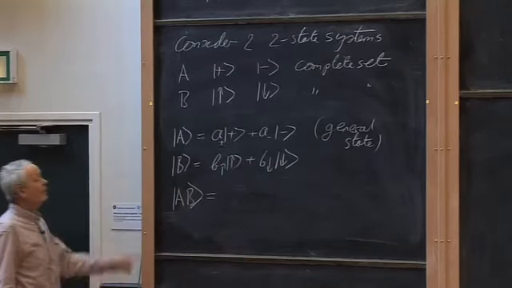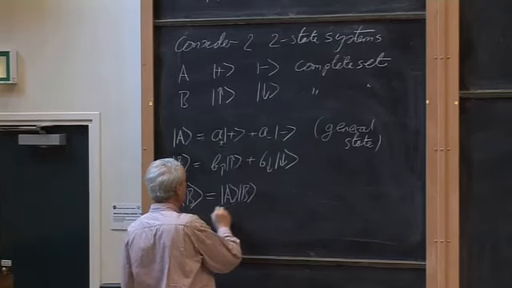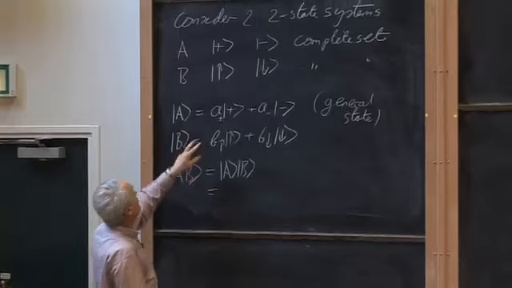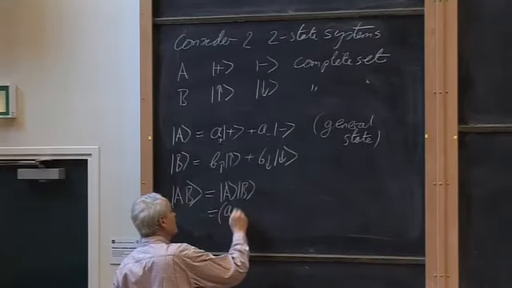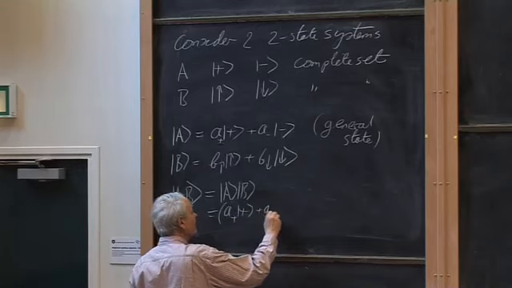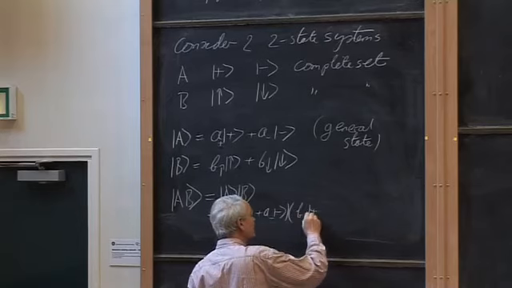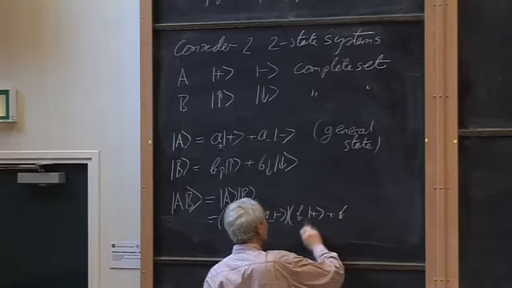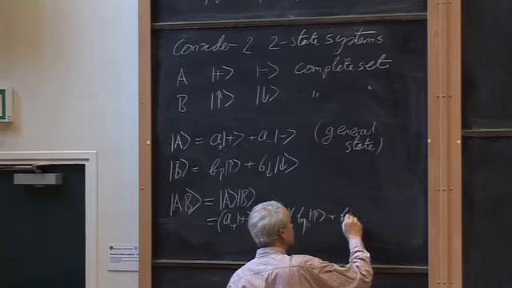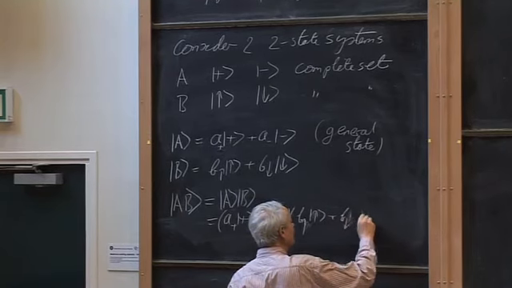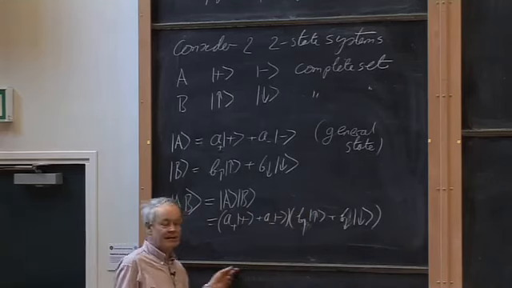The state of AB that we get, well, it's going to be this thing bracketed into this thing, A plus |plus> plus A minus |minus>, times B up |up> plus B down |down>. Oops, sorry. This has the up and the down states. And when you multiply this out, you get a disgusting mess, right?